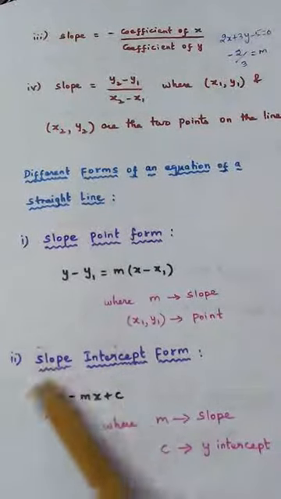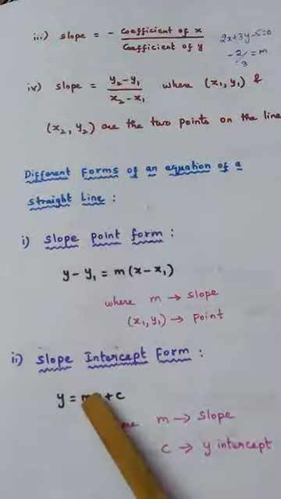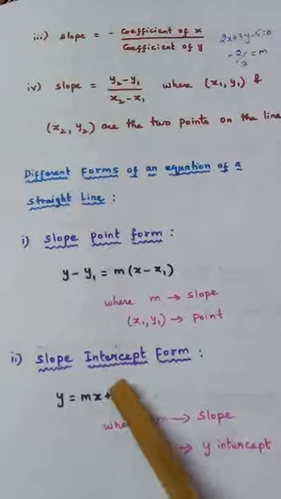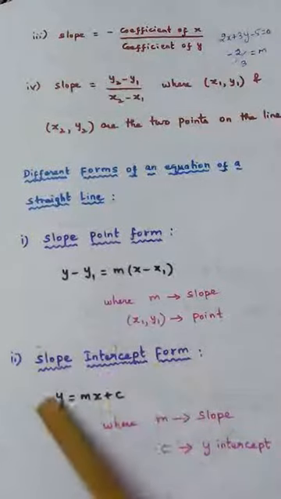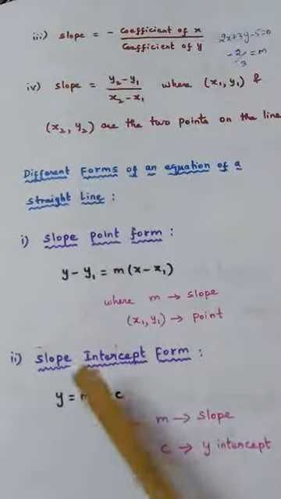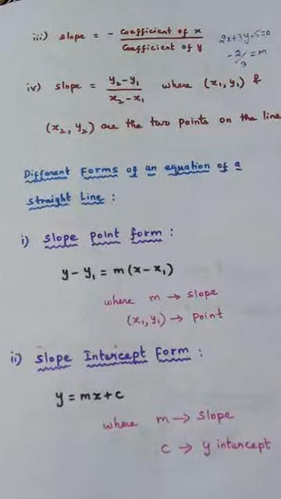So the equation is given by y is equal to mx plus c, where m is called slope of the straight line, c is called y-intercept of the straight line. So slope intercept form, what is the equation of straight line, y is equal to mx plus c. M stands for slope, c stands for y-intercept. So you should learn, memorize, write and practice all these formulas.